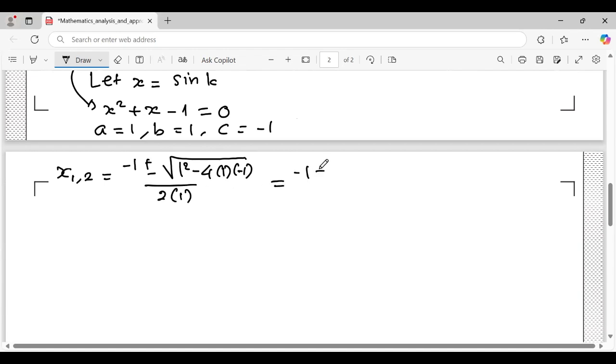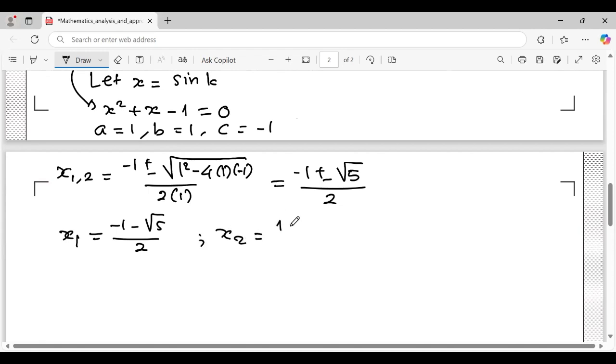That is minus 1 plus or minus the square root of 1 plus 4, which is 5, over 2. So x1 is minus 1 minus square root 5 over 2, and x2 is minus 1 plus square root 5 over 2.